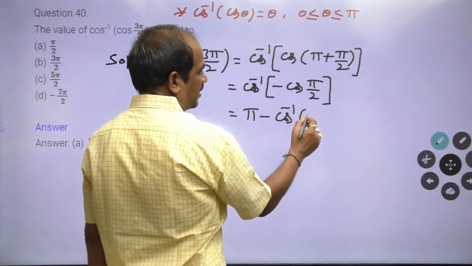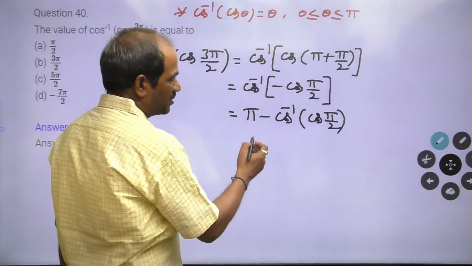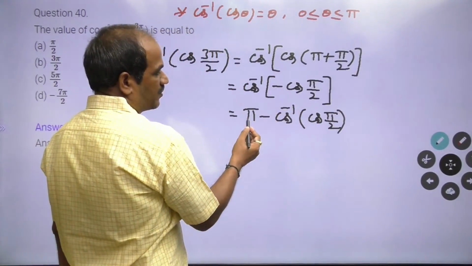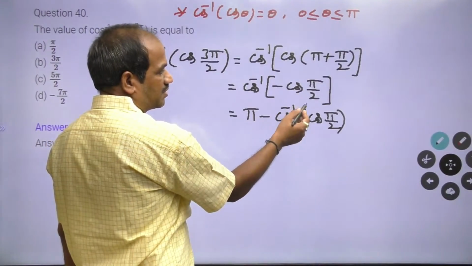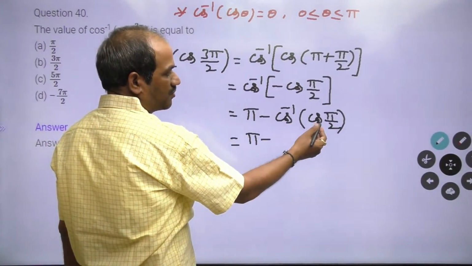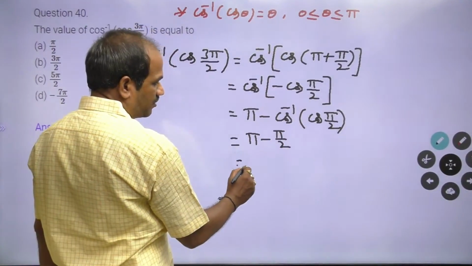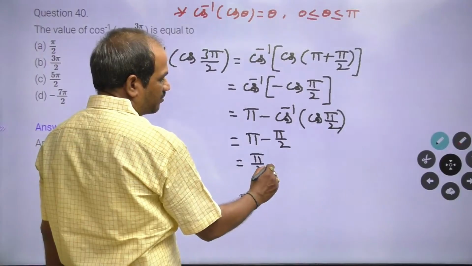So that is pi minus cos inverse of cos pi by 2, which is pi by 2. So pi minus pi by 2 is equal to pi by 2.